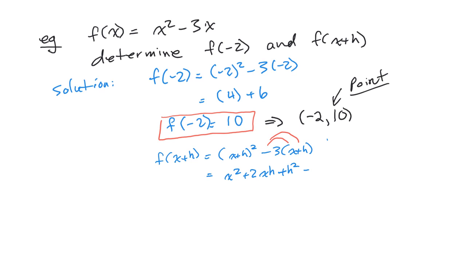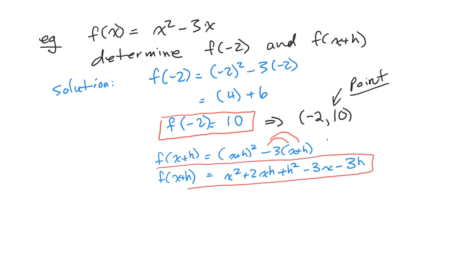And we're going to get minus 3x minus 3h. And when we simplify, there's not much to simplify. That's it. We're done. There's no like terms, so we're done this problem. So f at x plus h is equal to this.